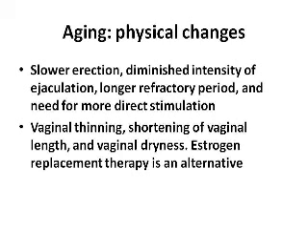In the case of women, aging may eventually cause vaginal thinning, a shortening of vaginal length, and an increase in vaginal dryness. An alternative for this may be hormonal: estrogen replacement therapy may be recommended for these symptoms as women age.